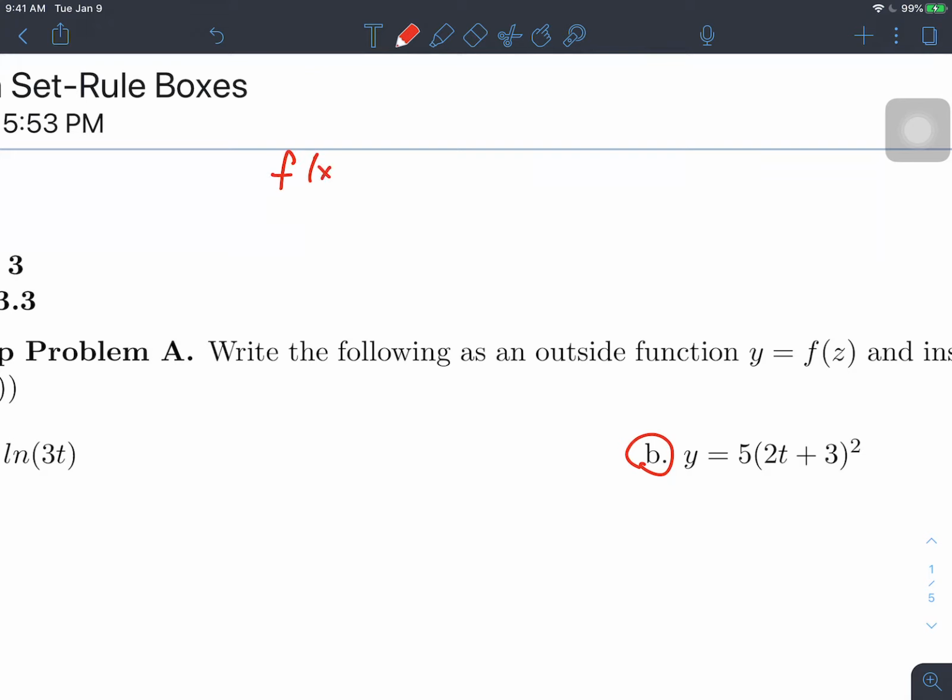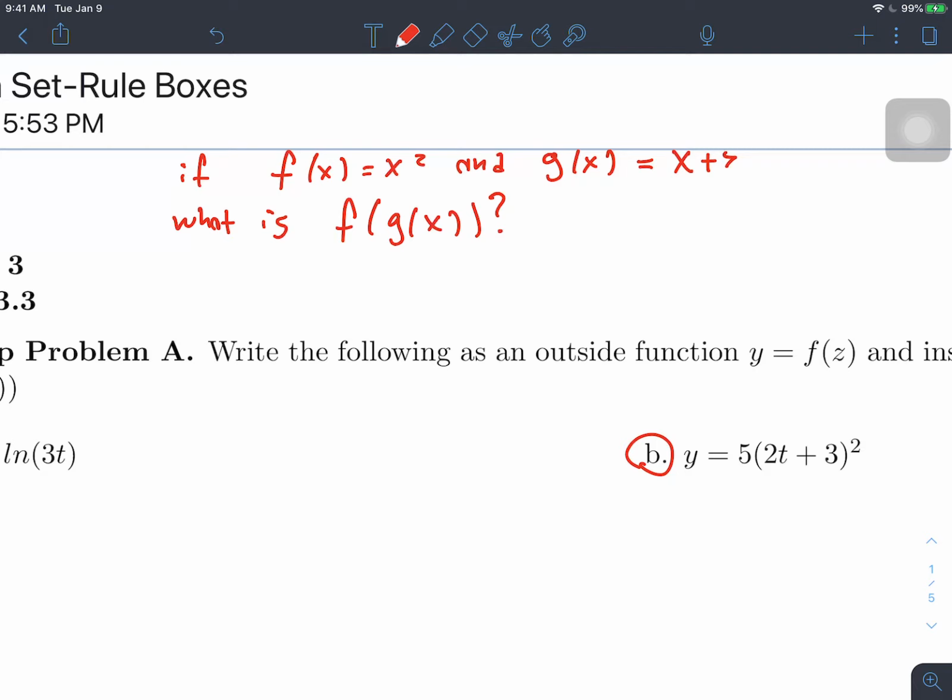If f of x equals x squared and g of x equals, I don't know, x plus 7, how about that? What is f of g of x?